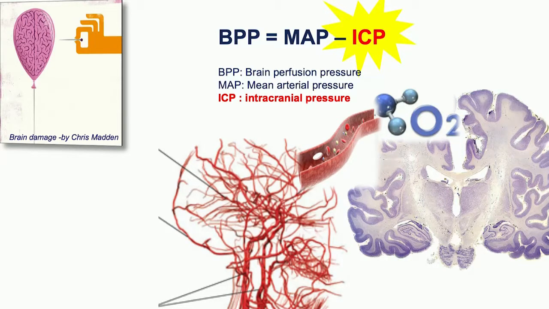Maybe you know that, but I think it's very important for the field to know that ICP, intracranial pressure, is in fact very important for the brain because, as you can see, it's an important parameter in brain perfusion pressure.